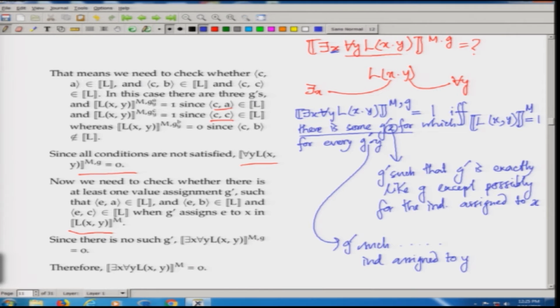So, these are the qualifications. The first one gets this and the second one gets this.